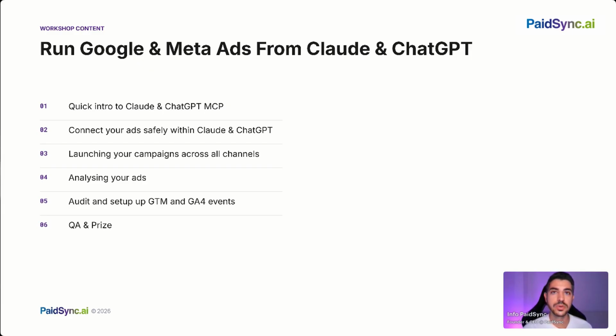And then we're gonna go through launching your own ads on Google Ads and Meta Ads. We can do many channels, but due to the time limit, we will just focus today on Google and Meta Ads. However, BaitSync supports LinkedIn ads, TikTok ads, X ads, and literally any platform that supports advertising.